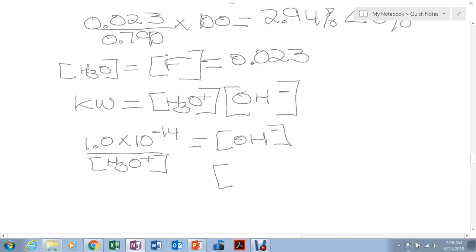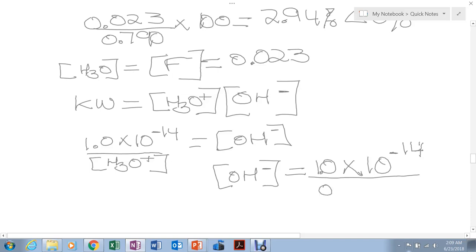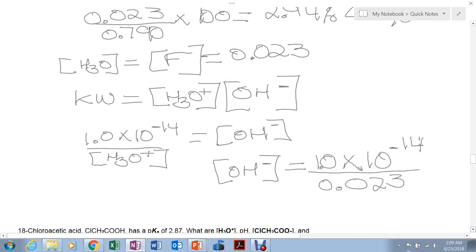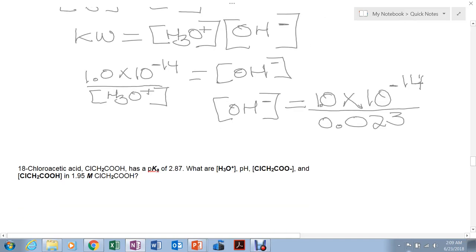So the concentration of hydroxide is equal to 1.0 times 10 to the negative 14 divided by the concentration of hydronium, and it gives me 4.3.